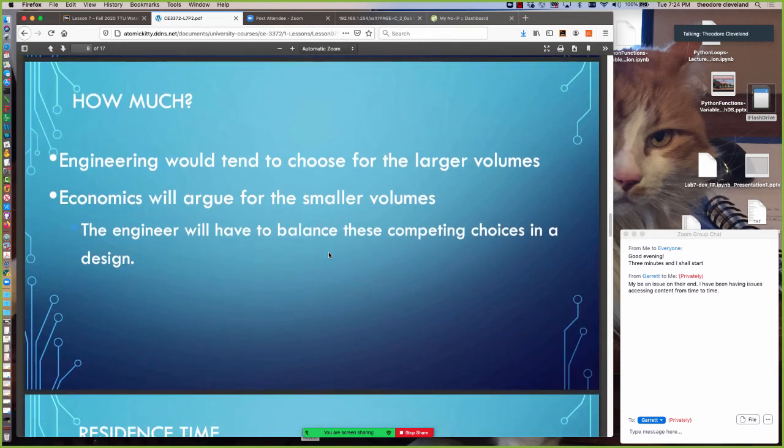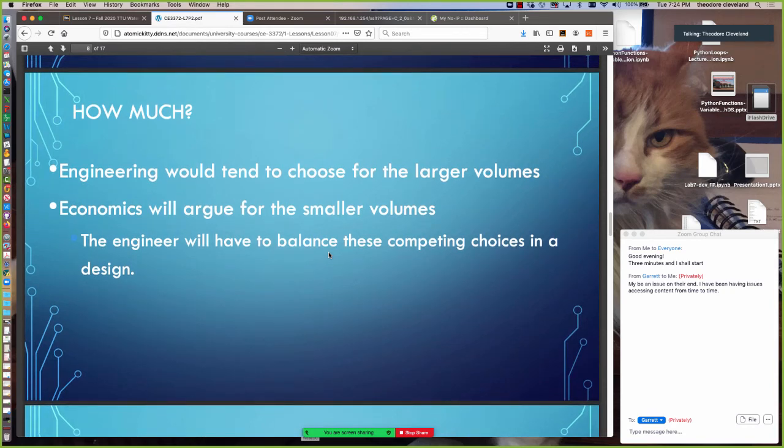So then the question goes, how much should we really set aside? The engineering argument would tend to choose whatever the larger volumes that we can get the owner to pay for, because the more storage we have, the more resiliency and flexibility our built-out system will have.